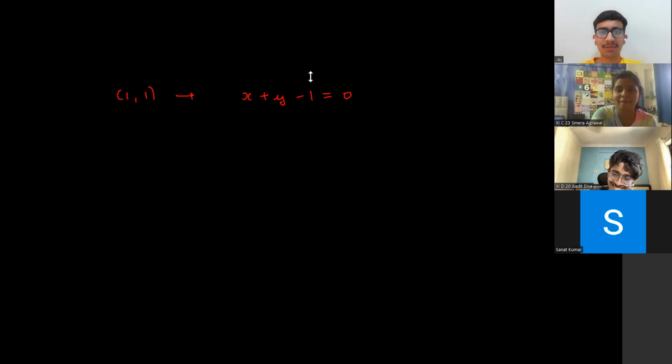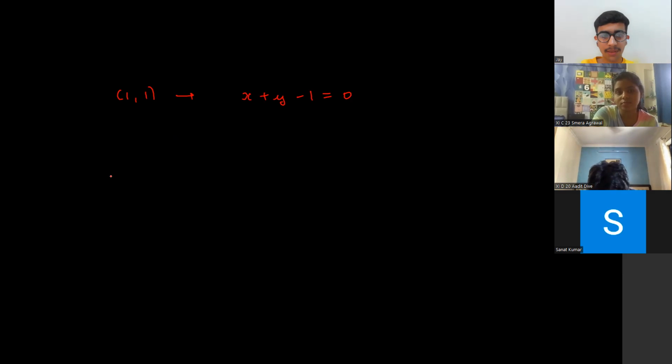Okay. मतलब I had a doubt कि तुम लोगों ने distance of a point from a line पढ़ा या नहीं. I think it's the modulus of ax plus by plus c upon the root of a square and b square. Yeah, root of a square and b square.